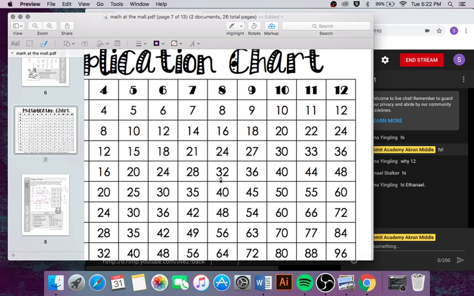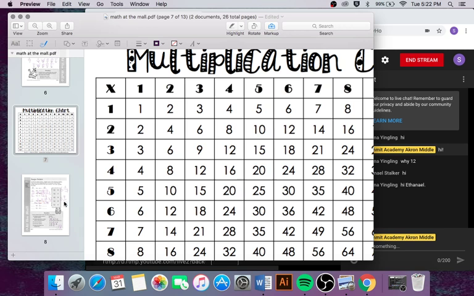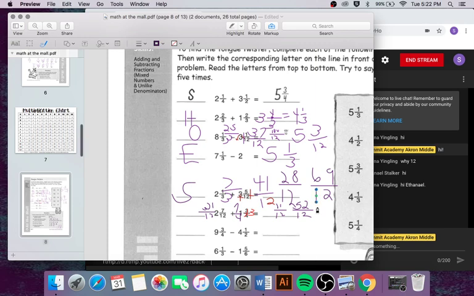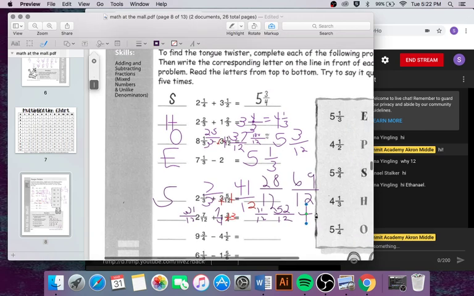So we go over here and we see that 12 times 4 is 48. So our whole number is going to be 4. And we're going to do 52 minus 48, which is 4 over 12.